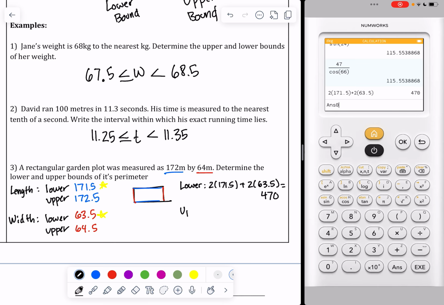If we find our upper bound the same way, so lower, we use the 2 smallest values. If upper, we use the 2 bigger values.